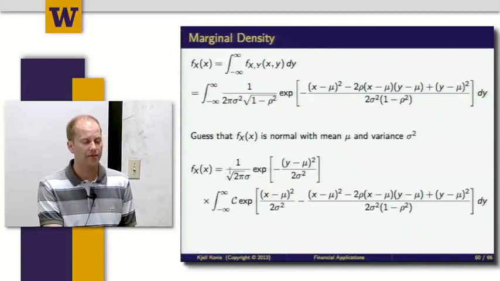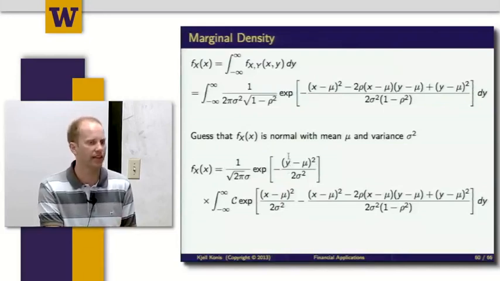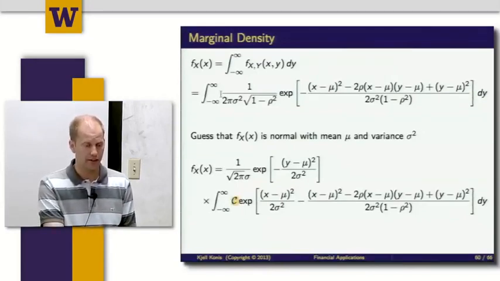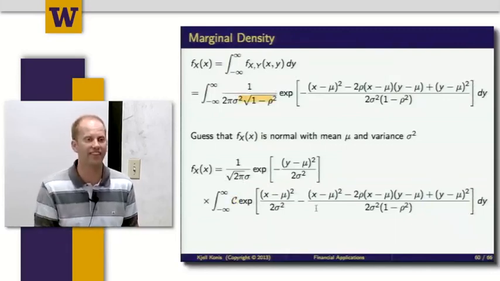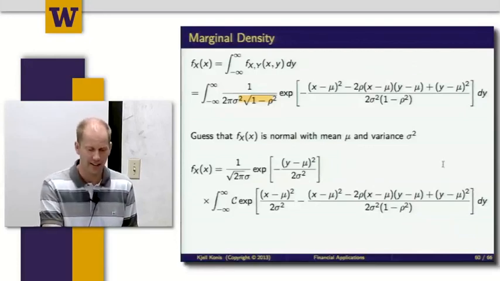So the idea is that I will end up with this marginal density, my guess at what the marginal density function should be, times everything that's left. So this c here is this thing here with the 1 over square root of 2 pi sigma factored out. I just couldn't fit everything into the slide if I did it.